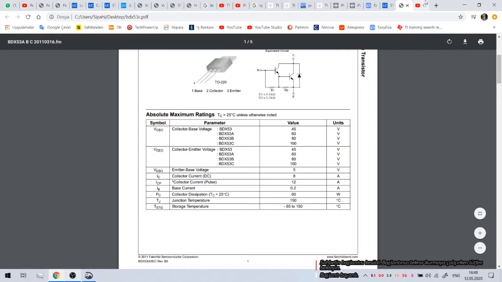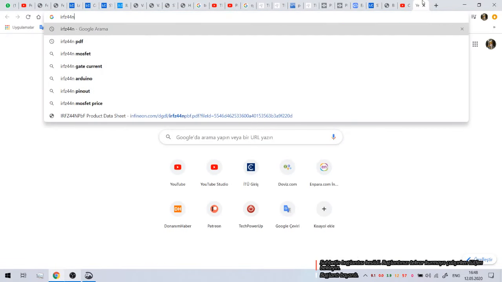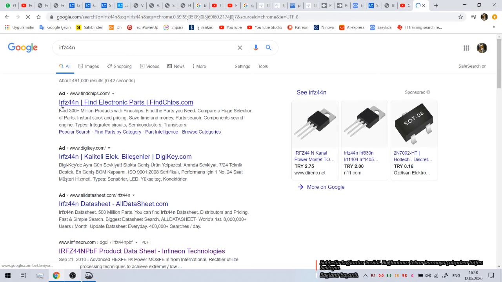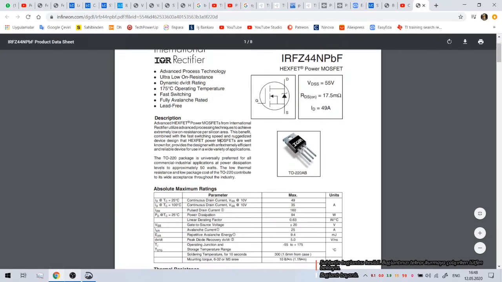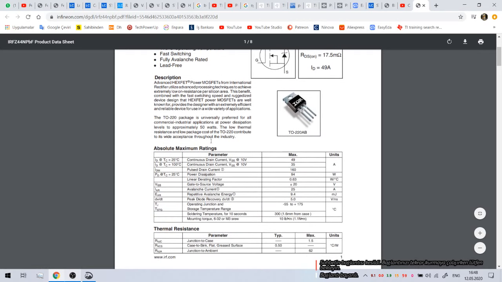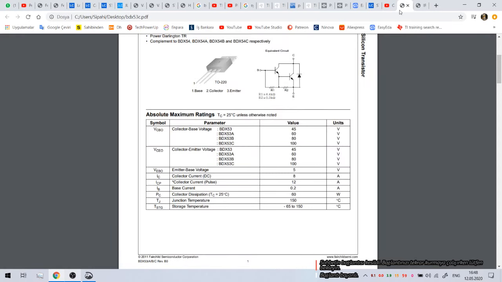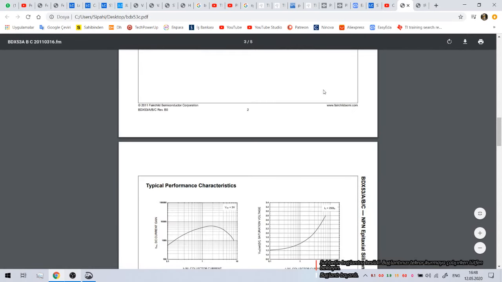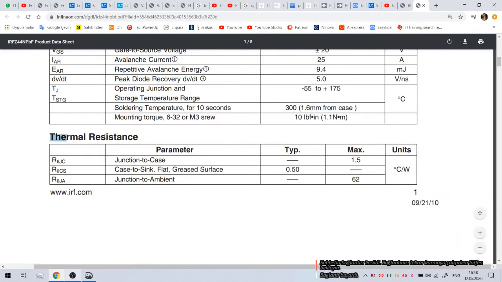What's going on here? We can look at maybe the IRFZ44N datasheet. Also, I will observe another thermal resistance, junction to case, to sink, junction to ambient.